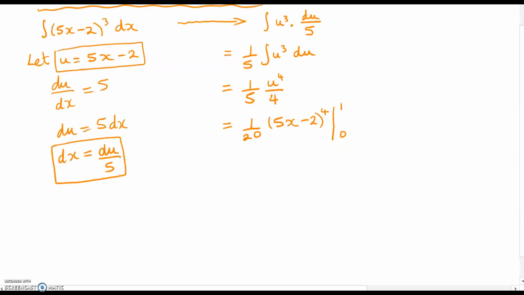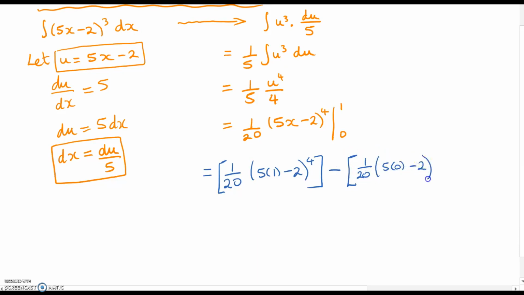Okay, well, let's start putting in these numbers. That's going to be 1 over 20 times 5 times 1 minus 2, all to the power of 4, minus 1 over 20 times 5 times 0 minus 2 to the power of 4. So we've replaced x with 1 and then with 0.